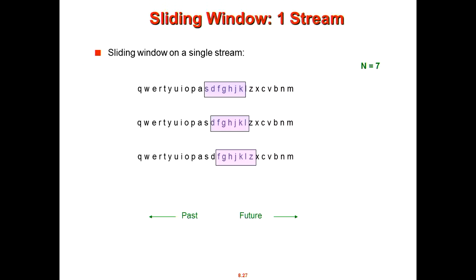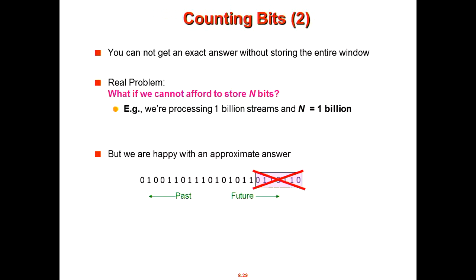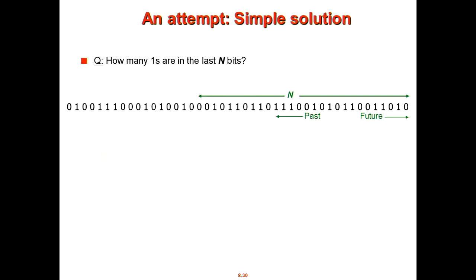One easy solution is to store all the most recent bits, but because N may be very huge, this is not practical, so we need another solution, because we are not able to store the entire window.